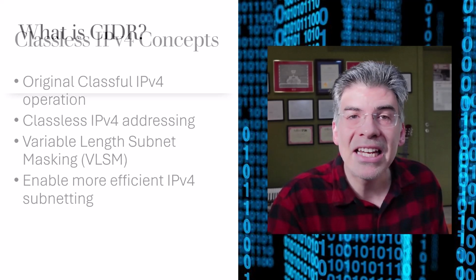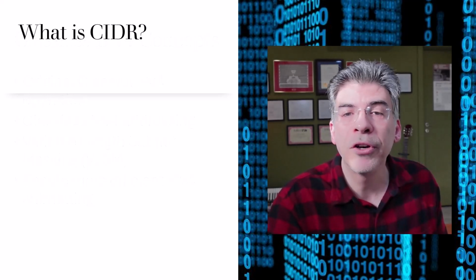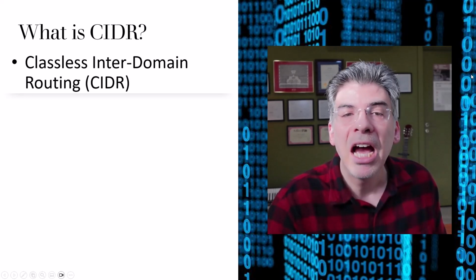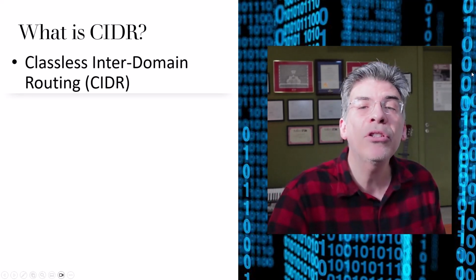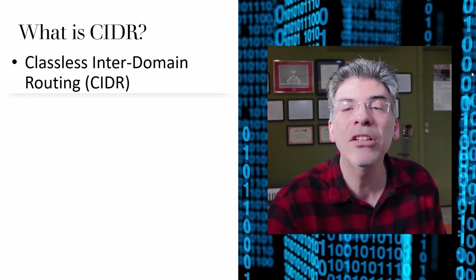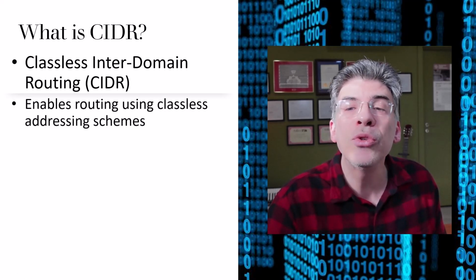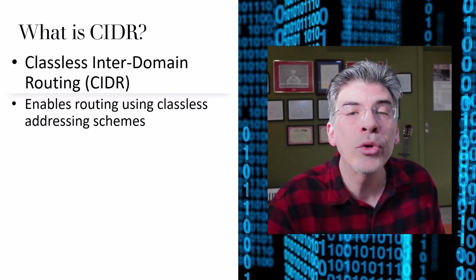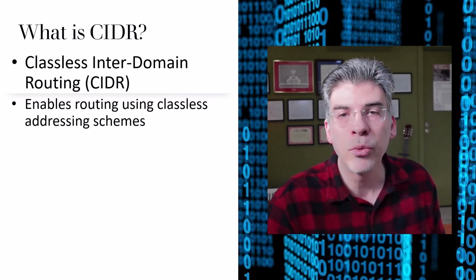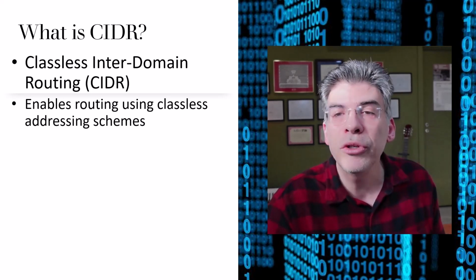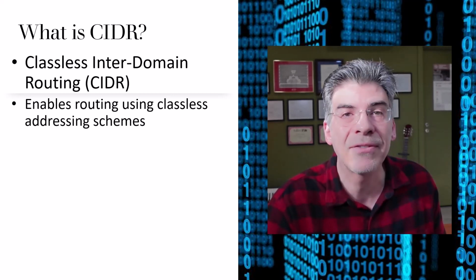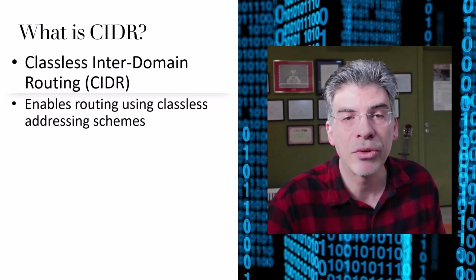Now, classless interdomain routing, often referred to as CIDR, is simply the capability a router has to be able to route traffic to particular network destinations using classless addressing. CIDR focuses on the routing functionality. In other words, CIDR allows a router to route traffic to destinations that don't use the classful subnet boundaries.